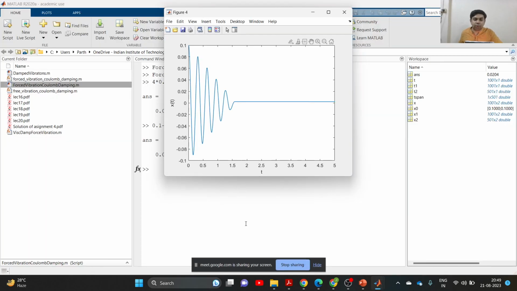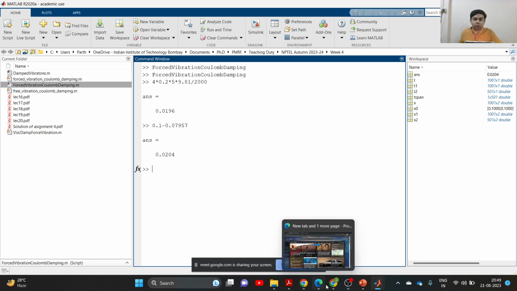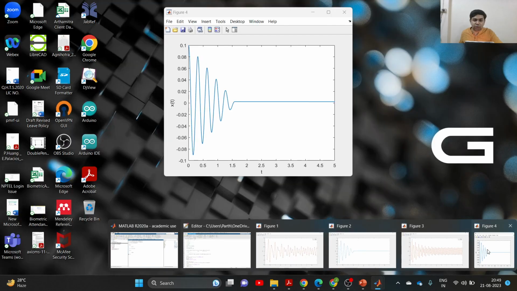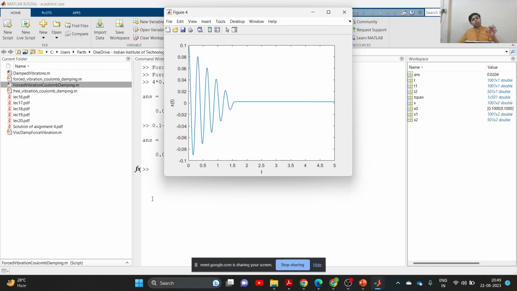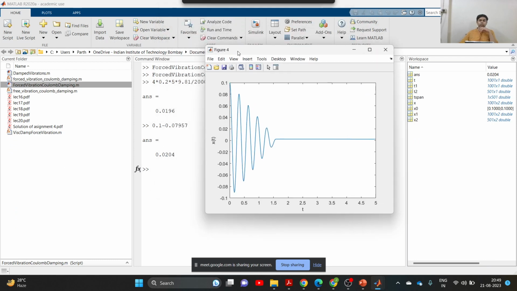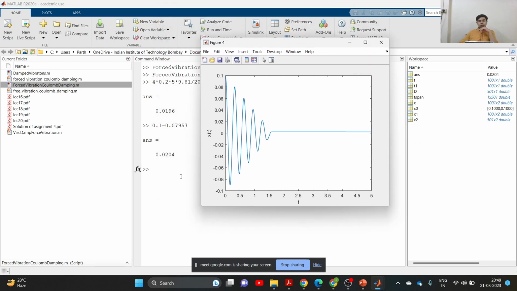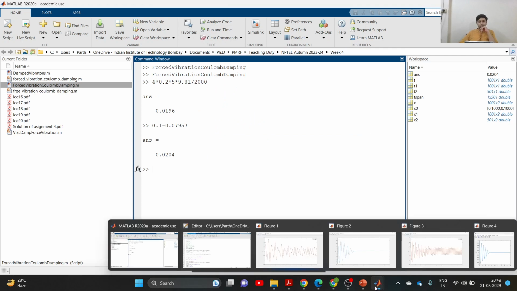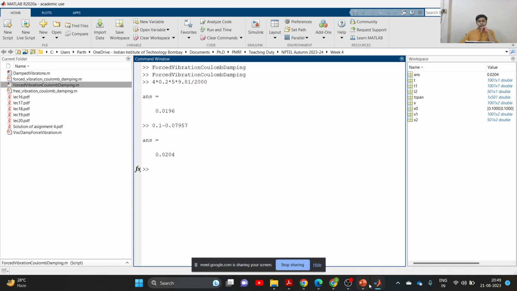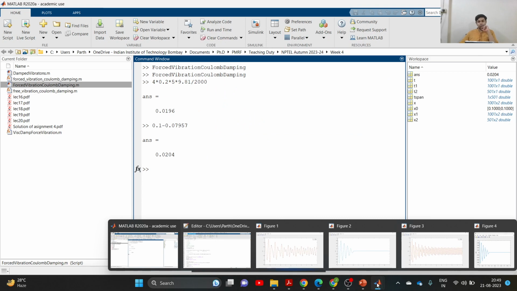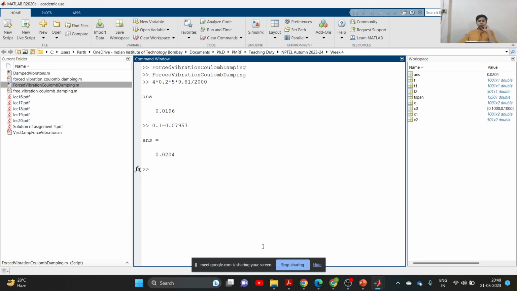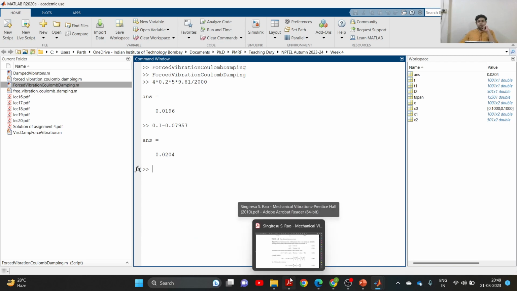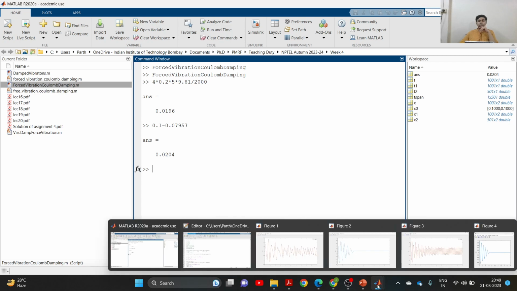The difference between these two is because of the errors in numerical integration, but we can see that they are nearly equal. So this is how we can use MATLAB to solve simple vibration problems like this.